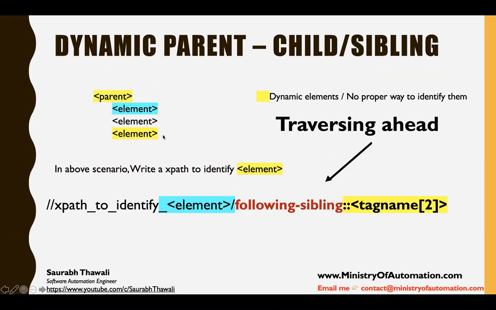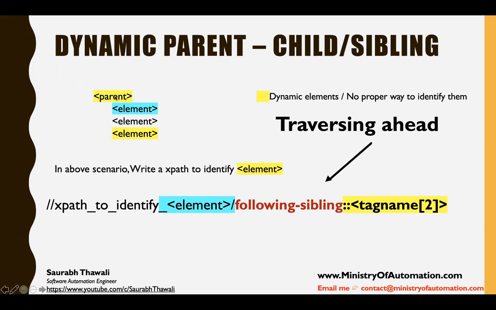Okay, now I'm saying if this particular element is dynamic and there's no proper way to identify it, then we need to find some solution. Either we need to identify this element and then traverse, or we need to find this element and then traverse two nodes, or we need to find a way to identify a parent and then traverse three nodes down, something like that.